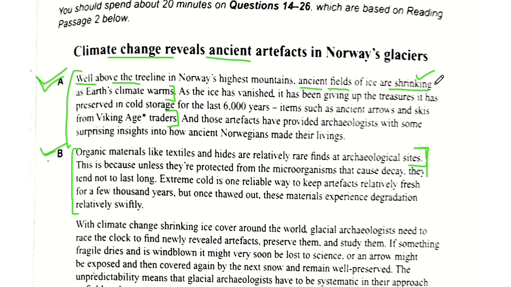Then they are telling that because of this ice shrinkage, they are able to see the arrows and skis. As the archaeologists have found these arrows and skis, it is providing them with some surprising insights into the Norwegians' living. So you can see here that the second and the third sentence are completely connected with the first sentence. When you are reading a paragraph like this, you will remember what the paragraph is actually speaking.